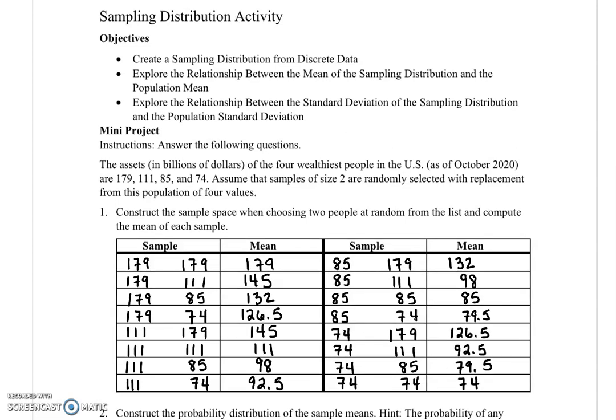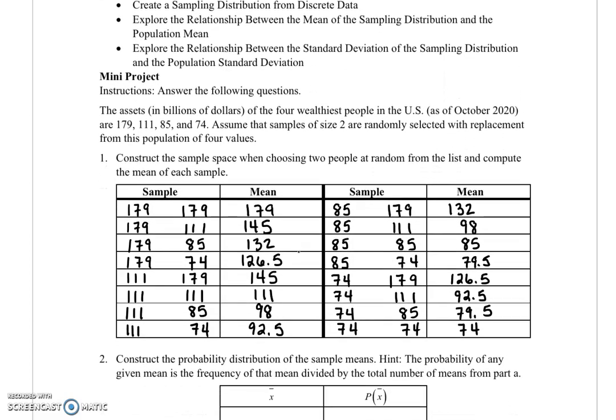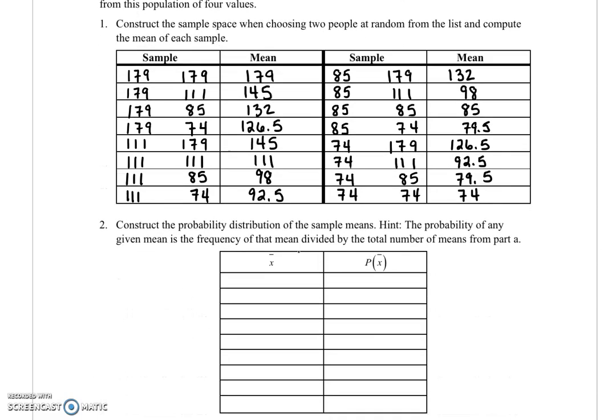So now we have the complete sample space and all the possible means we could get.